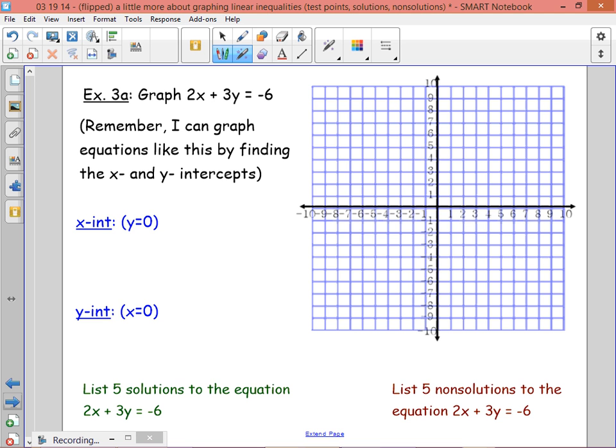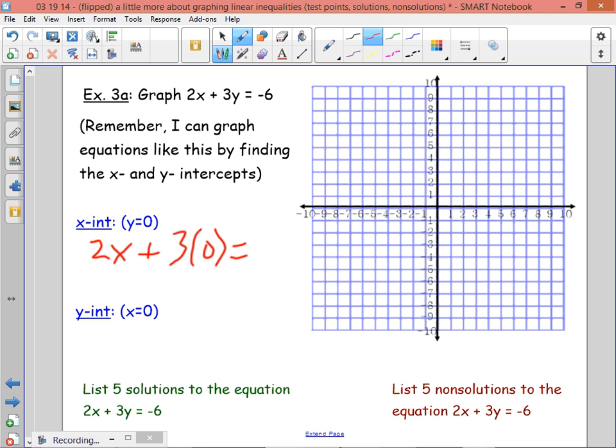And now I'm going to graph this equation. Notice it's an equation now, not the inequality. And the way I can graph any linear equation is by finding my x-intercept and my y-intercept. X-intercept is where y equals 0, so I do 2x plus 3 times 0 equals negative 6. That's 0, so I get 2x equals negative 6.